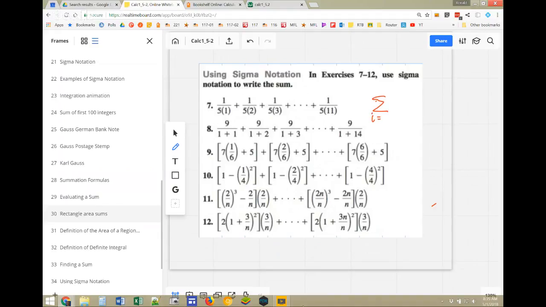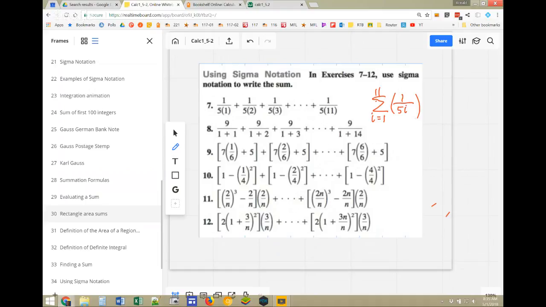But you can see this number in parentheses starts at 1 and goes up to 11. Now how can we write the expression? 1 over 5i. So 1 over 5 stays the same, but joining 5 on the bottom is this number 1, 2, 3. Do you see that that would be a way to write that?